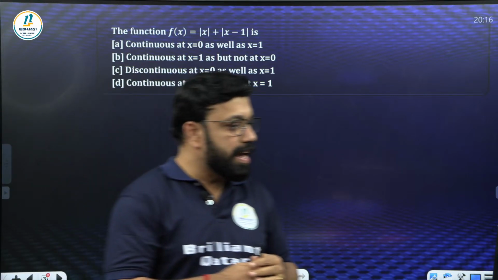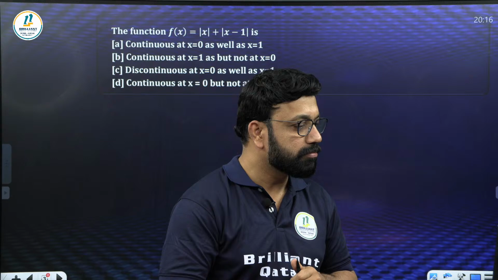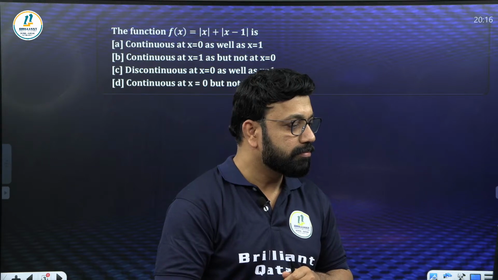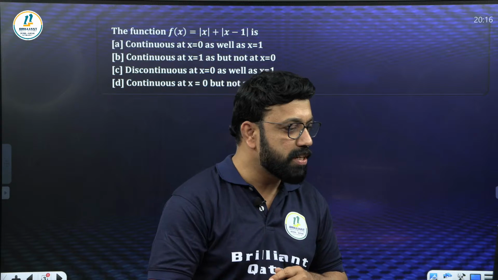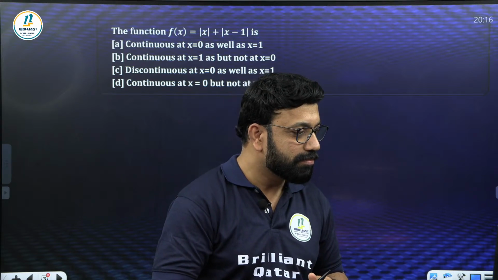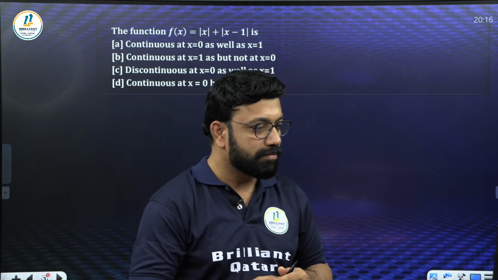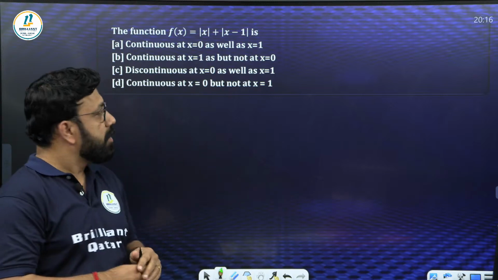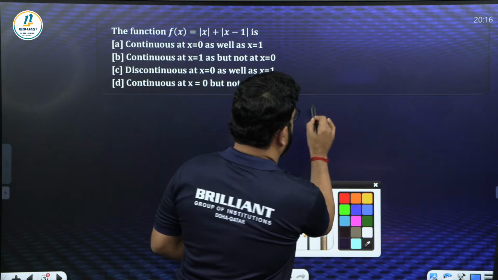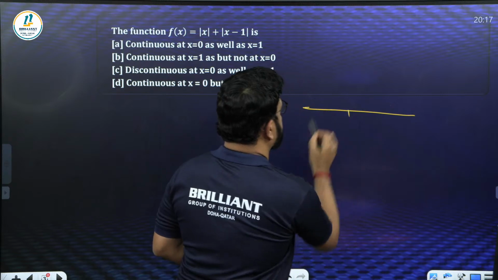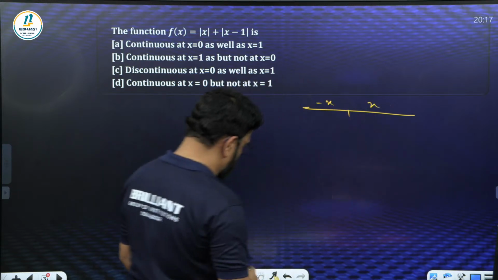Okay, anybody giving the answers here? Any option? Okay, we'll see. First one we already discussed. Modulus of x, negative x and positive x, continuous.